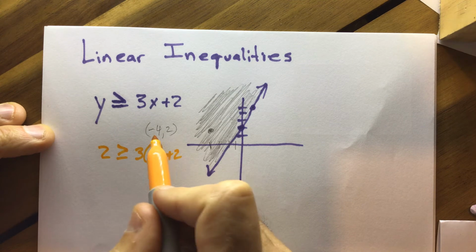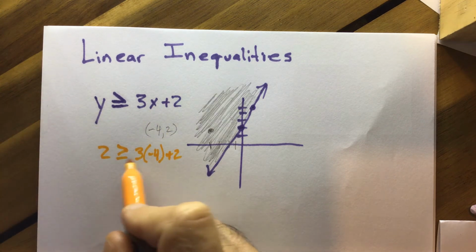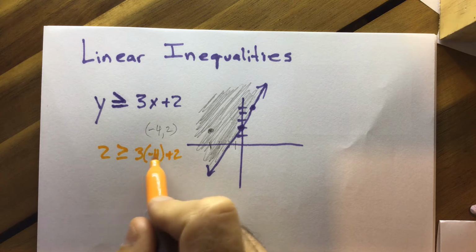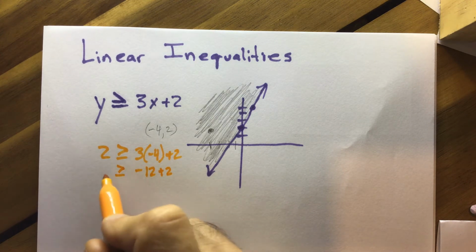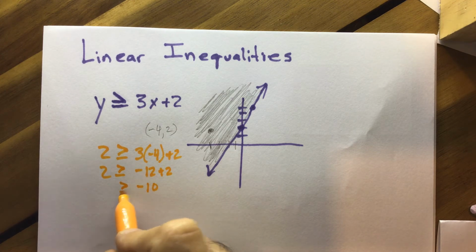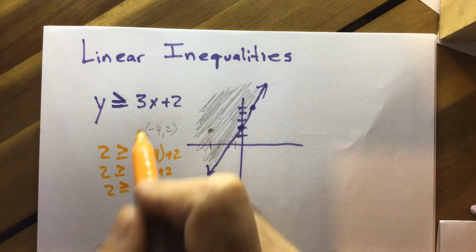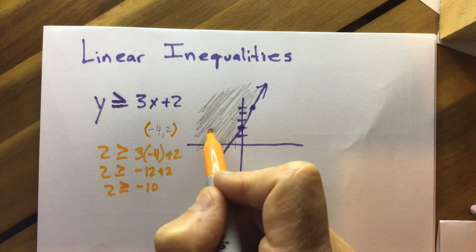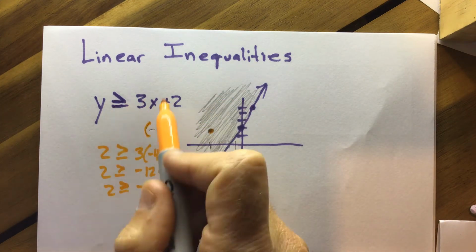So I'm plugging in negative 4 for this x and 2 for this y, and I'm checking to make sure that this is true. 3 times negative 4 is negative 12 plus 2. Negative 12 plus 2 is negative 10. And 2 is greater than or equal to negative 10, and that's true. So this is a solution. This point right here, which is in this shaded region, is a solution to this inequality.